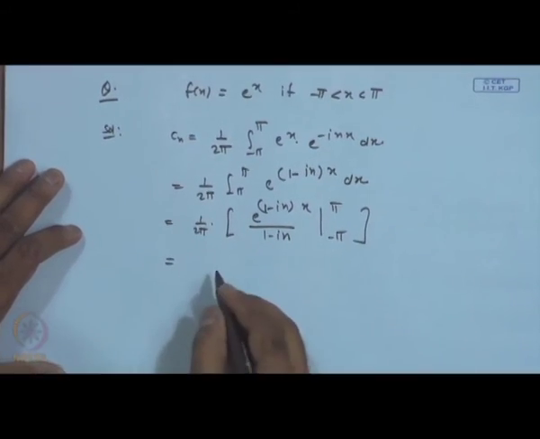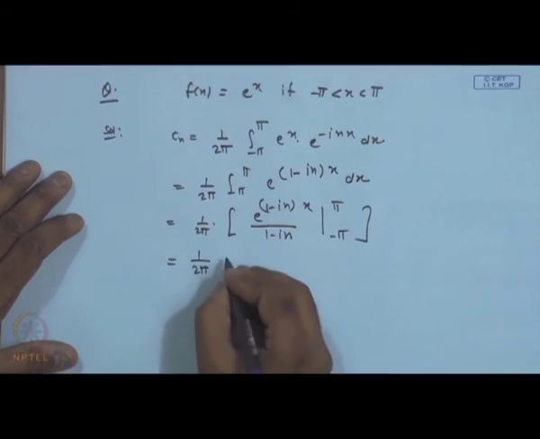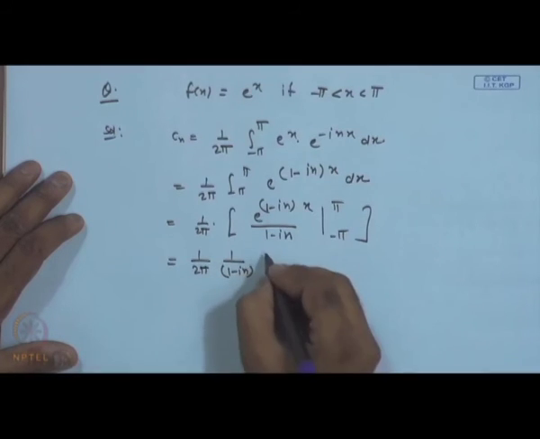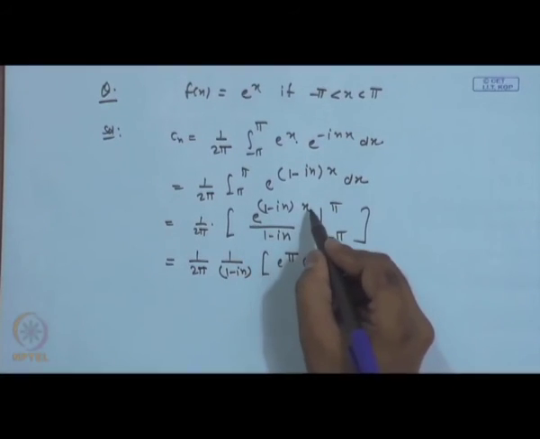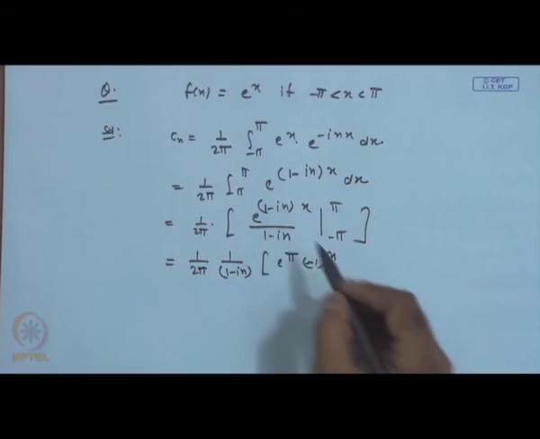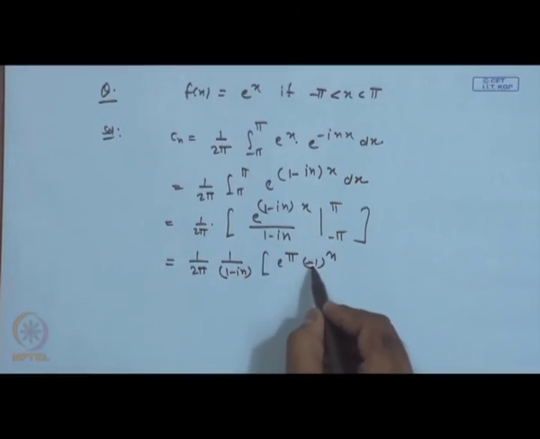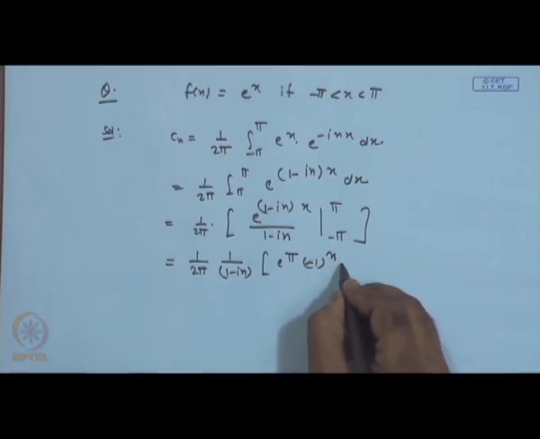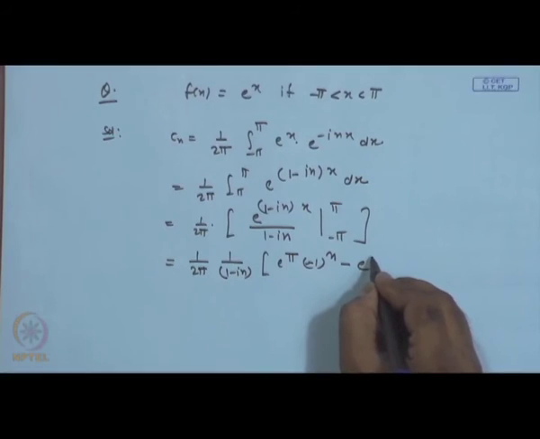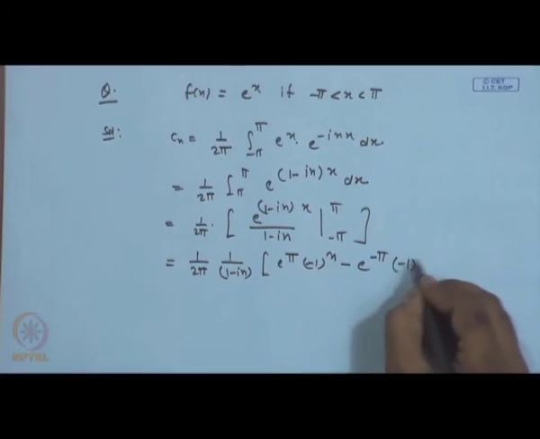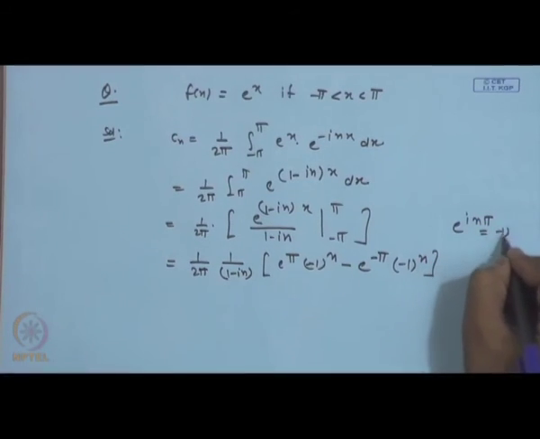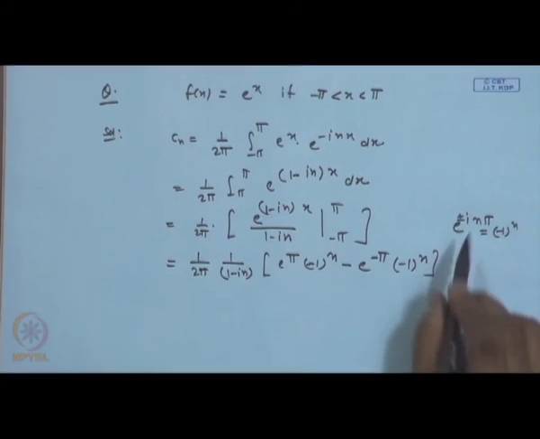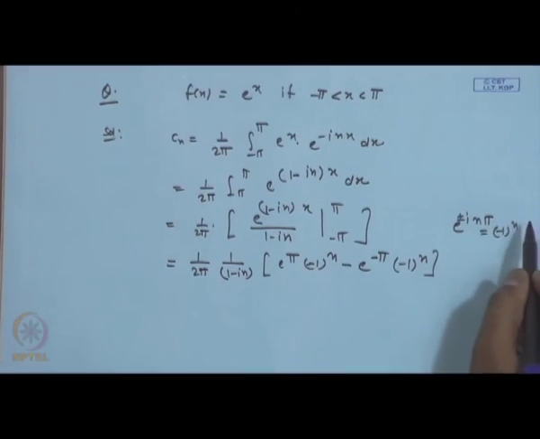With a bit of simplification, we have 1 over 2 pi and (1 - in), and we will get e^pi minus e^(-pi) times (-1)^n, because e^(inx) is cos nx plus i sin nx. Since e^(i n pi) will be (-1)^n, whether we take plus or minus, in both cases we will get cos n pi plus minus i sin n pi.